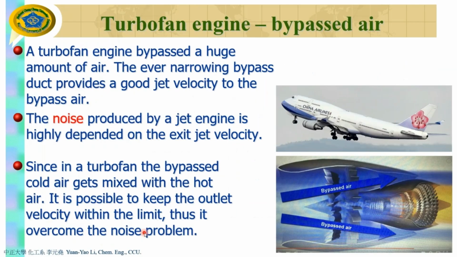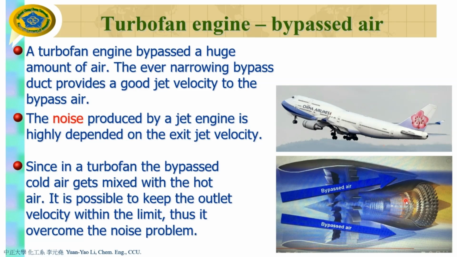Okay, the turbine engine, this is the engine of the aircraft. The engine needs air, of course, because you need to burn the fuel. You need oxygen in the air, and you have fuel. So fuel with air gets burned, and then you get power from this engine.